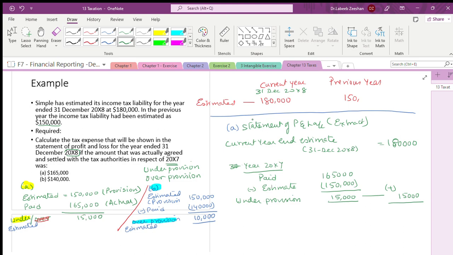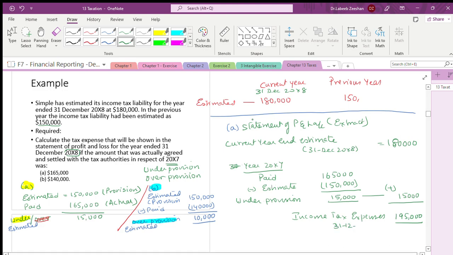This is last year's under provision. We have to add it to the estimates of the current year. Means how much are we going to have? 195. This is going to be categorized as income tax expense to 31st December 2008.